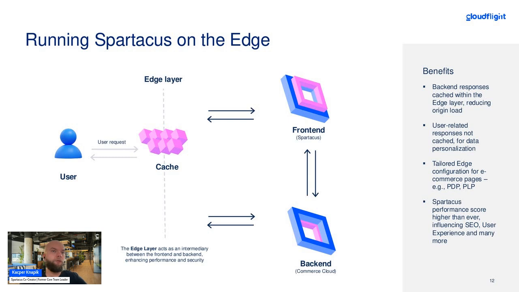So the first user requesting a specific resource is going to trigger the whole machine so that the origin is returning the data. But in the meantime, the data is being saved in the cache on the edge layer. And the second request and every other will get the data from the cache directly. The origin is not going to be involved anymore.